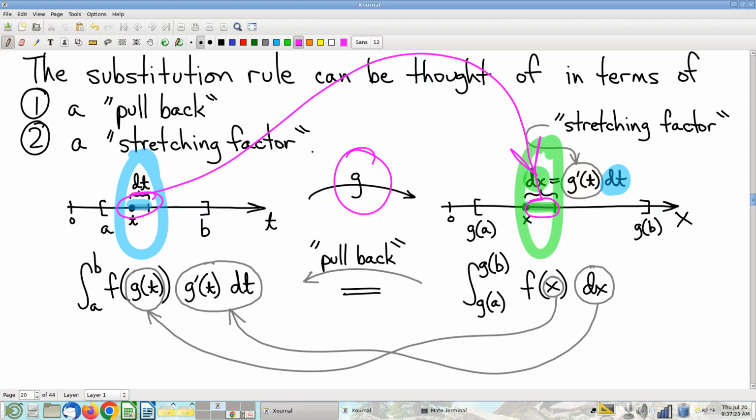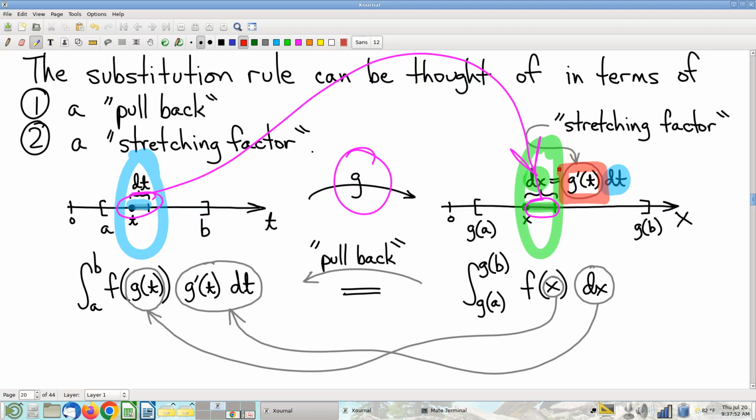And now what's the purpose of thinking of it in that way? Well, the purpose is that I can then sort of reconceive of what g prime is doing. Don't think here of g prime as being a slope. Don't think of it as being a speed. Think of it as this is what you multiply the input size on the left by to get the output size on the right.